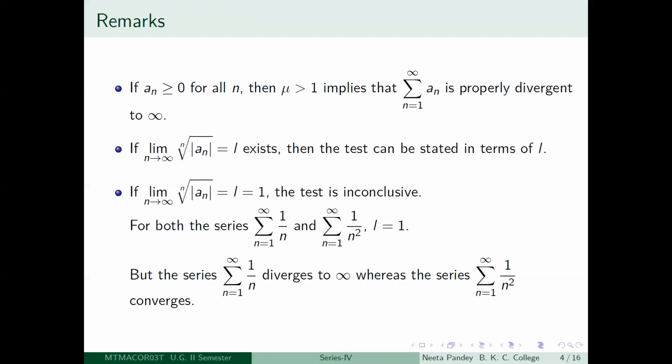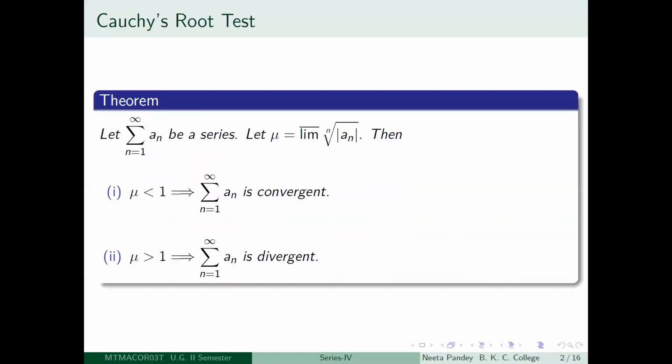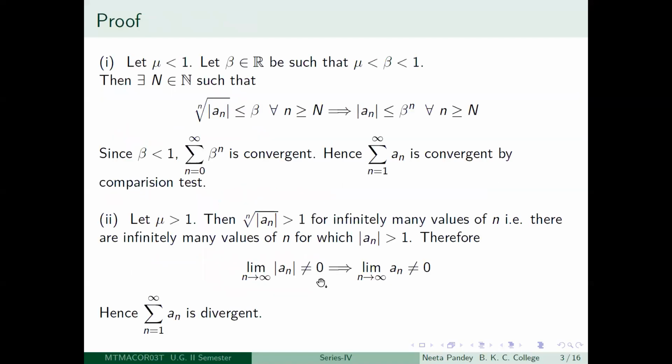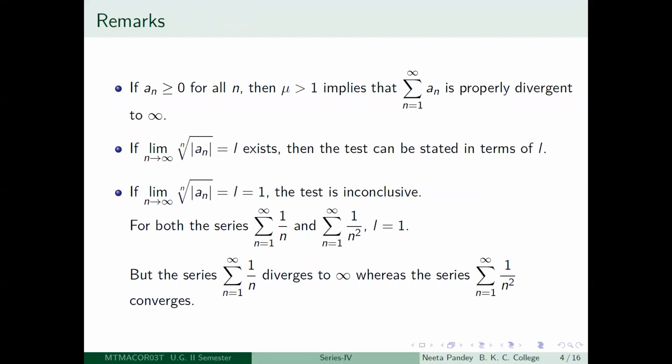That is, if the limit is less than 1, then your series will converge, and if the limit is greater than 1, then the series will diverge. And finally, as in the case of the ratio test, if your limit is equal to 1, then you cannot make any conclusions. The test is inconclusive.